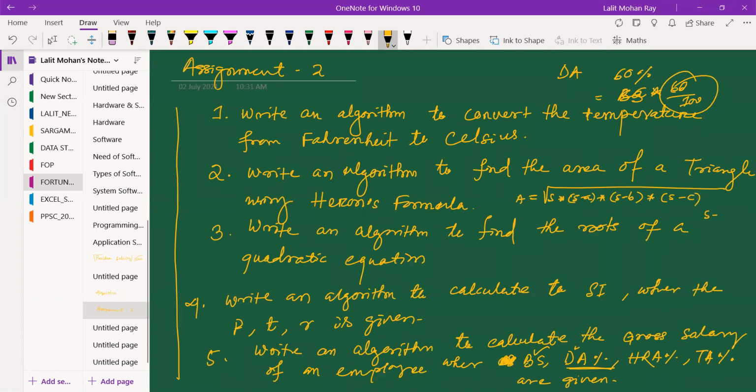And what is S? S equals A plus B plus C whole divided by 2. This is Heron's formula. Quadratic equation you know, and simple interest you know. So clear? Yes, sir.